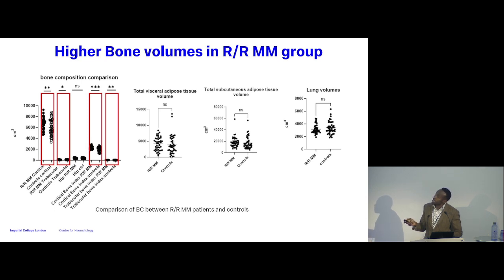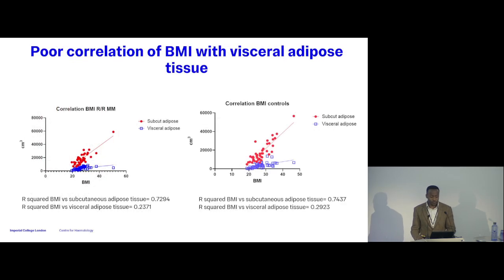We also normalized to the bone index, which is essentially the total bone volume divided by the height squared, and again, that was significant. We didn't find any significant differences in lung volume, subcutaneous adipose tissue, or visceral adipose tissue between our controls and our study group.